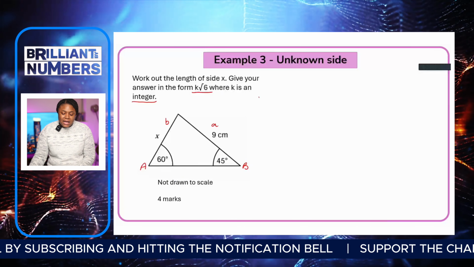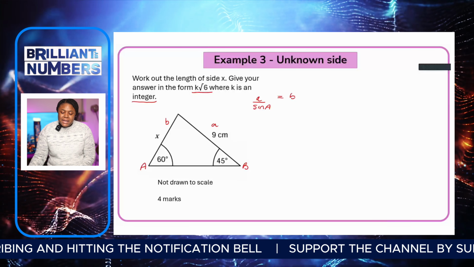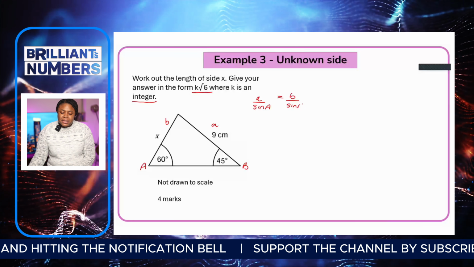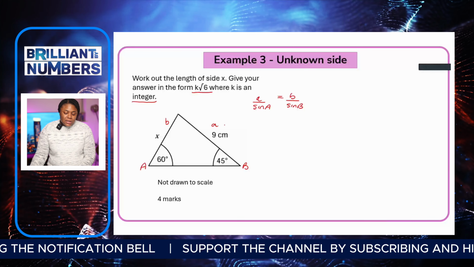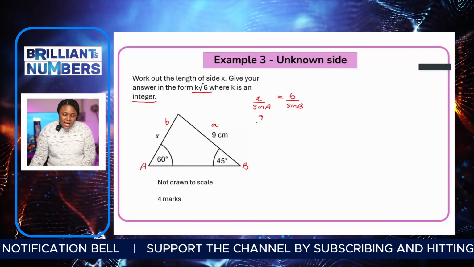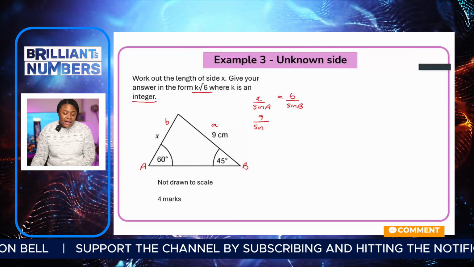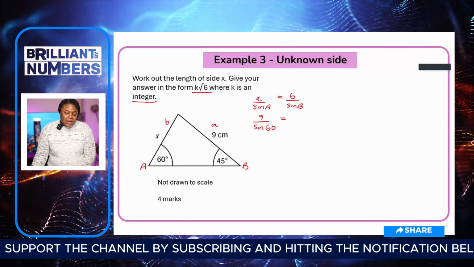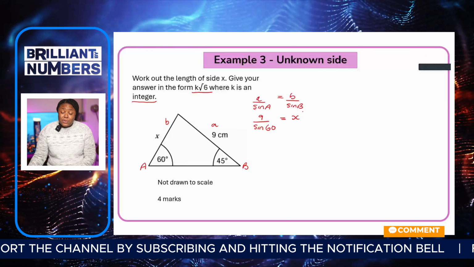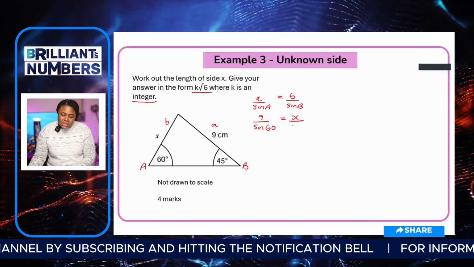We're told that a over sine A is equal to b over sine B. So we're going to substitute into our formula. So little a is 9, so 9 over sine 60. So matching angle here is 60. And that's equal to, little b is actually x that we want to find, divided by sine 45.